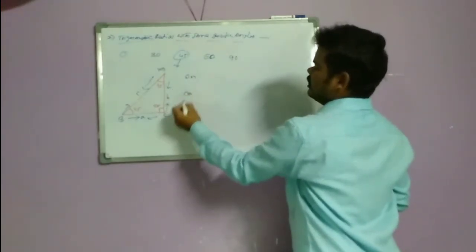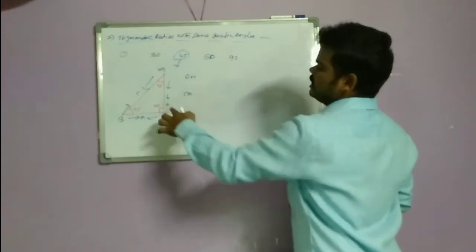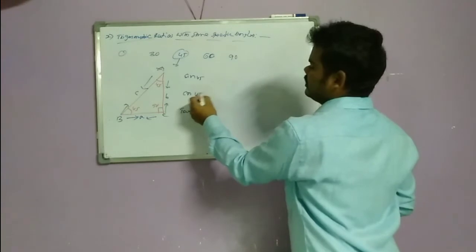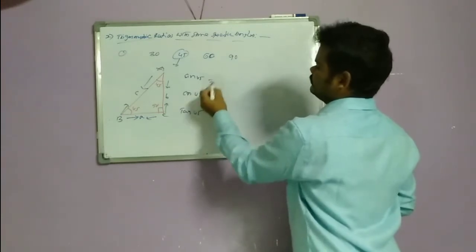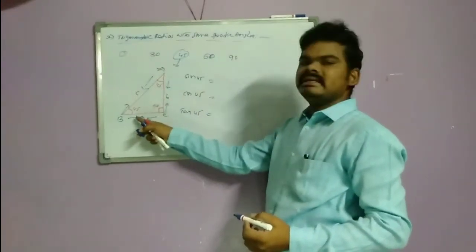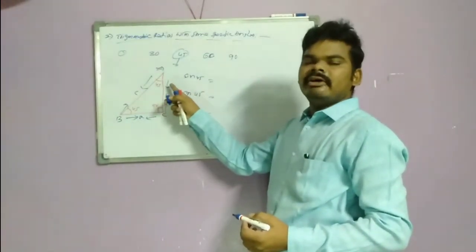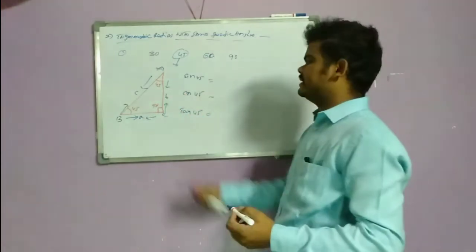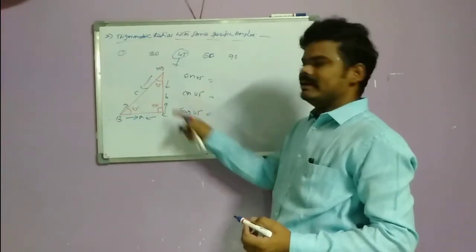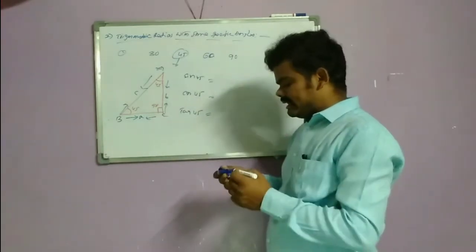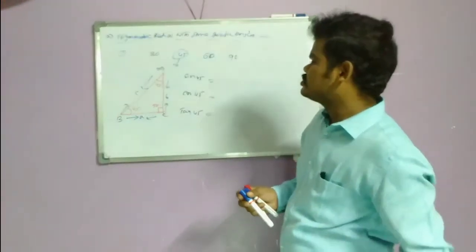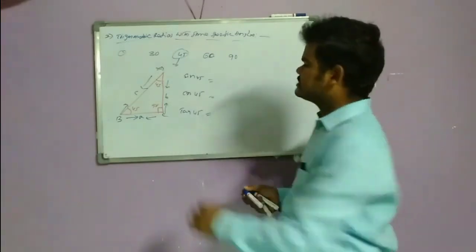Sine, cos, tan. Now, sine 45, cos 45, tan 45. Before, what we discussed is that sine is the opposite side of an angle to the length of the hypotenuse. What is the opposite side here? B. What is this triangle? A right angle isosceles triangle, so the lengths are taken as equal.